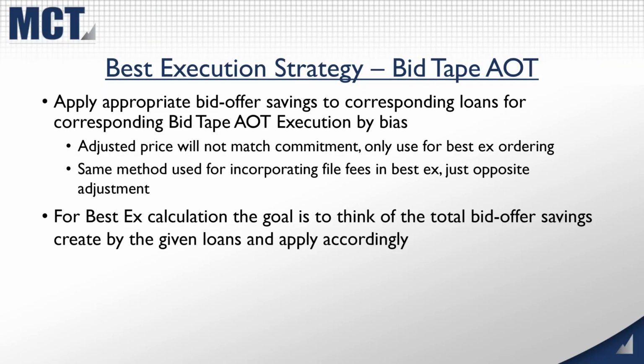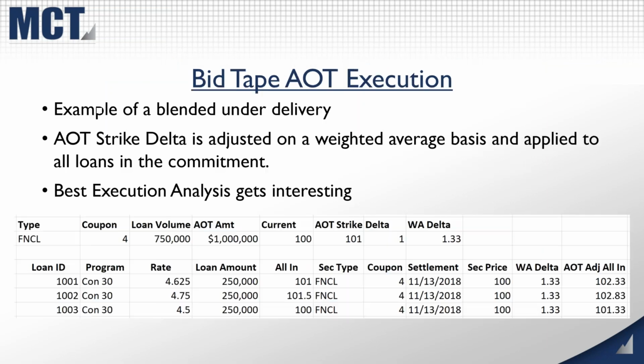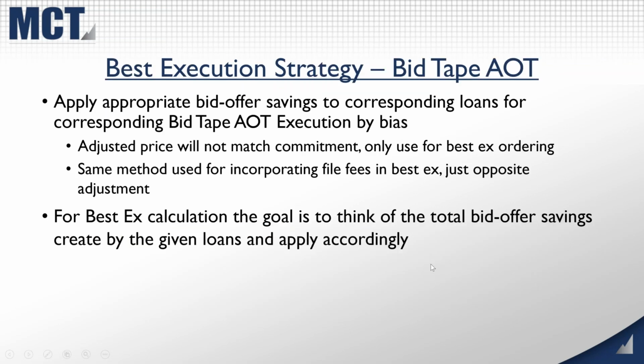So I'll use an example in the next slide. But for the best X calculation, the goal is to think of the total bid offer savings created by the given loans and apply it accordingly. What I'm trying to say is that if we think about 750,000 in this example, because we are able to assign a million, we are relieving ourselves of the cost of $1 million in pair offs.